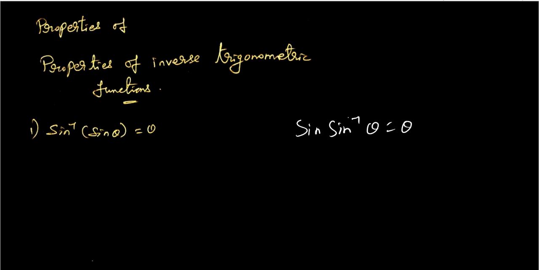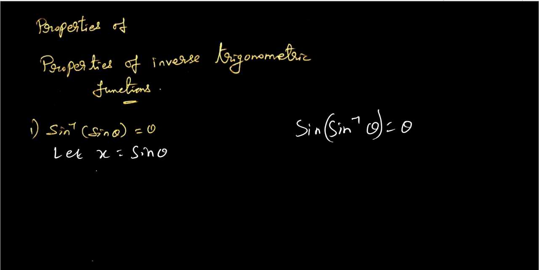Let me prove. For this, let me take what is inside the bracket as x. So that sin theta equal to x. So let x is equal to sin theta.